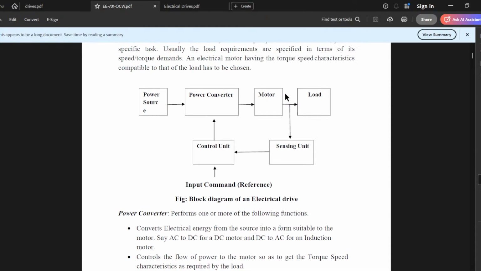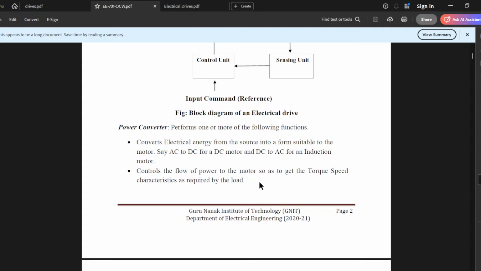But now, as we have discussed, sometimes we need high speed, low torque, or high torque, low speed. So it will identify. We don't know how it will identify right now, we'll study that. According to the load, it will change the torque-speed characteristics, and then that type of load is treated accordingly.